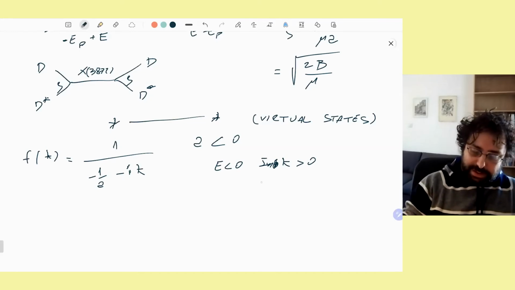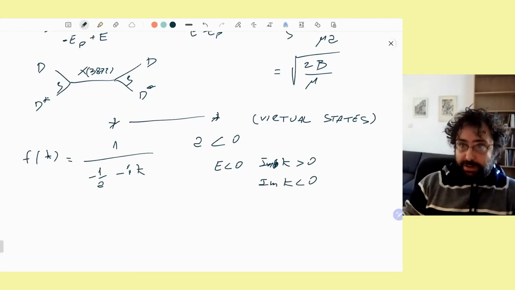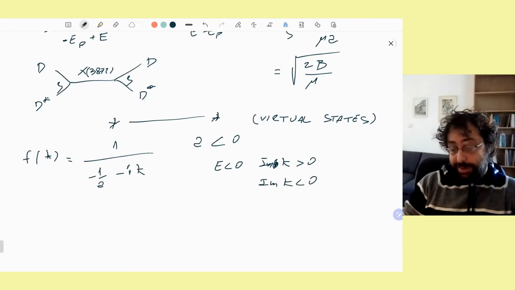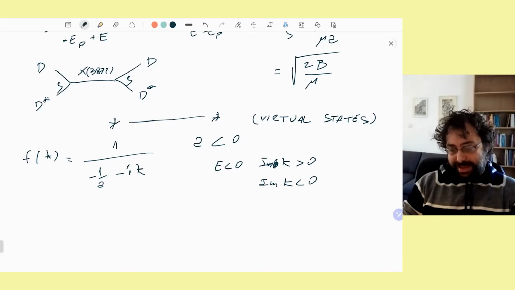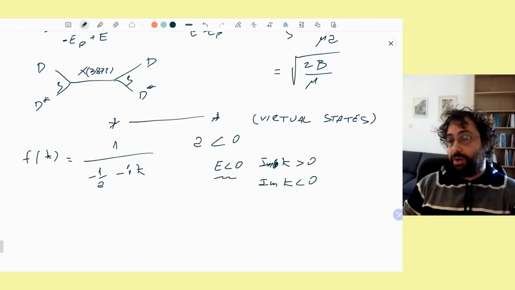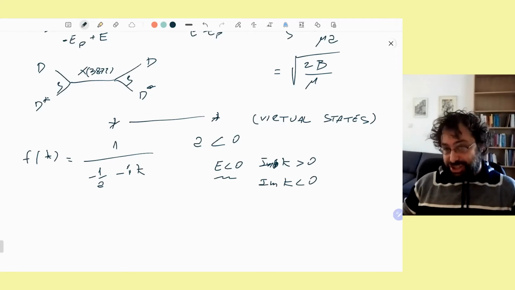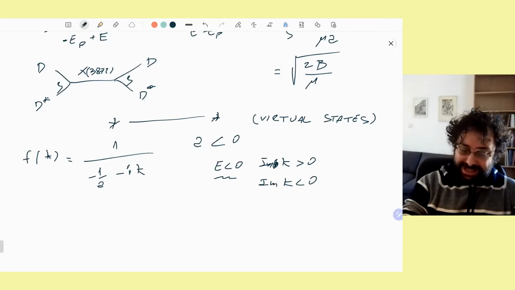But what happens if I consider the other case? Okay, so if I consider K with imaginary part, well, technically you can say, well, the energy is just the momentum squared. Okay, so this will be satisfied as well. The problem is that you are no longer in the correct sheet of the square root.